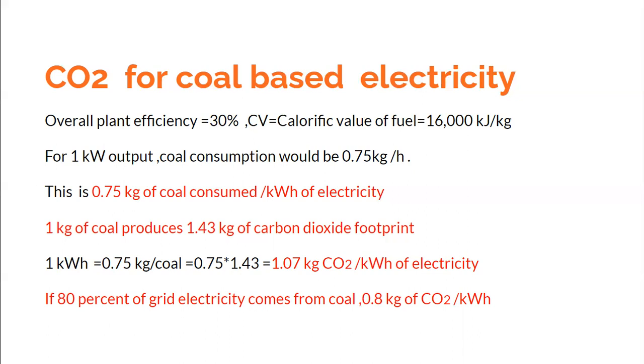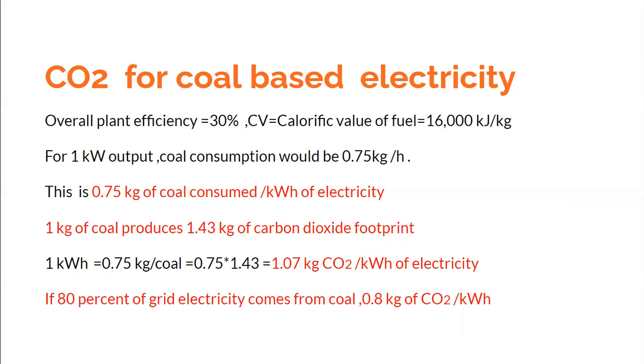Now let us consider a hypothetical case where the grid electricity comes from coal in a major way. 80% is from coal and 20% is from renewables. If that is the case, then the carbon footprint per kWh of grid electricity would be 0.8 times 1.07.